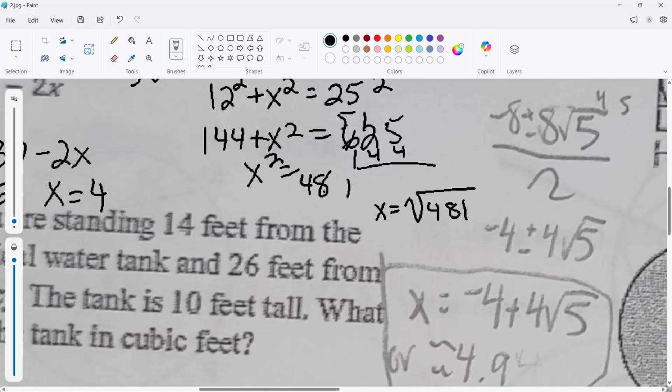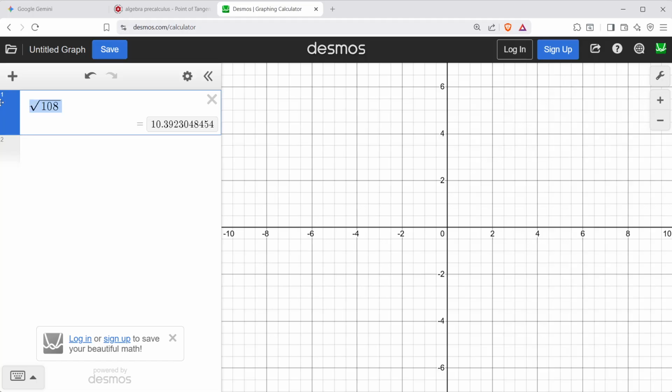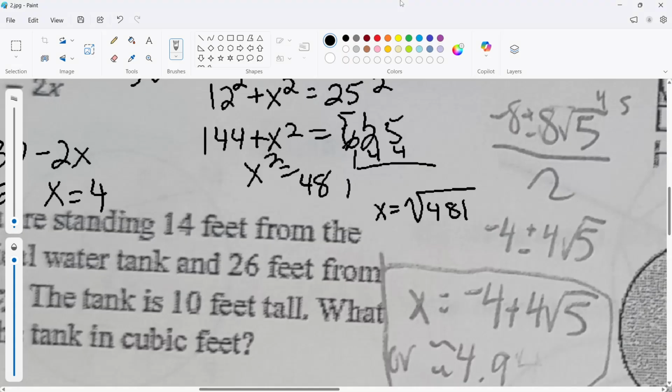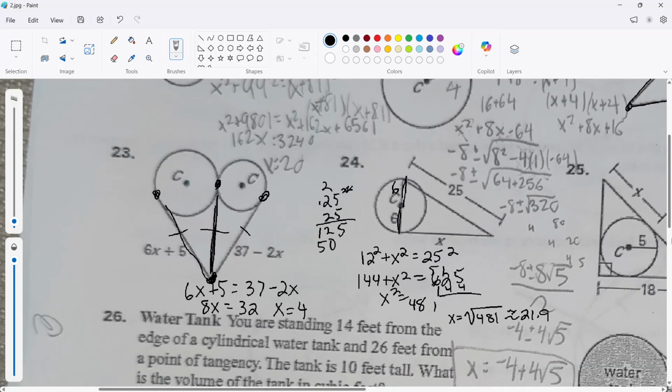Let me go to Desmos and do square root 481, and it comes out to about 21.9. I don't think it can be simplified. 21.9, whatever. What's the units? It doesn't say units. Anyway, that's that one.